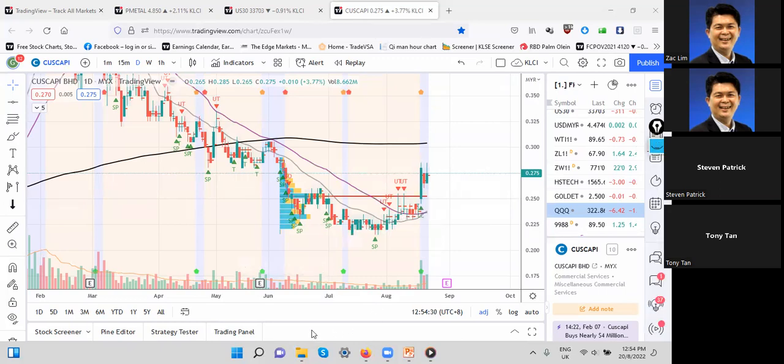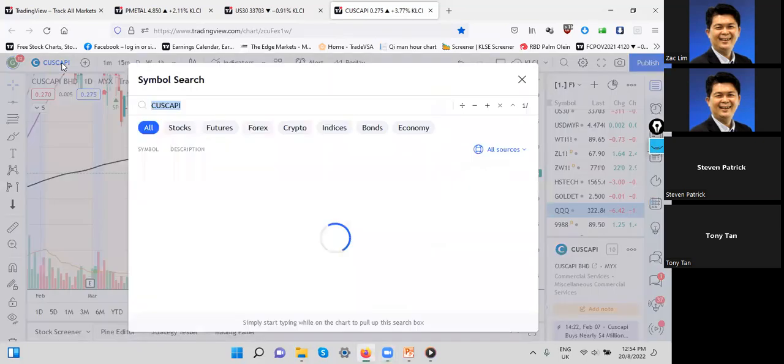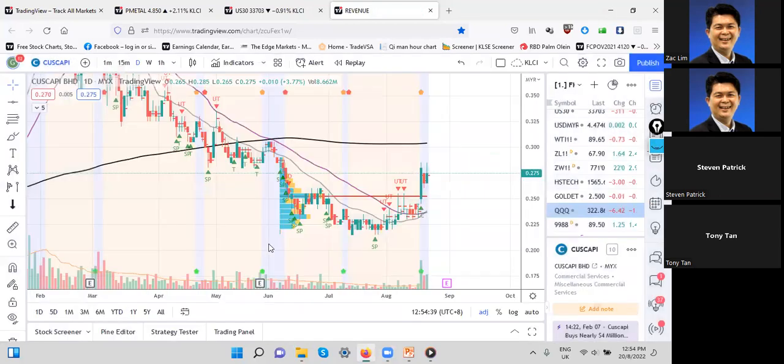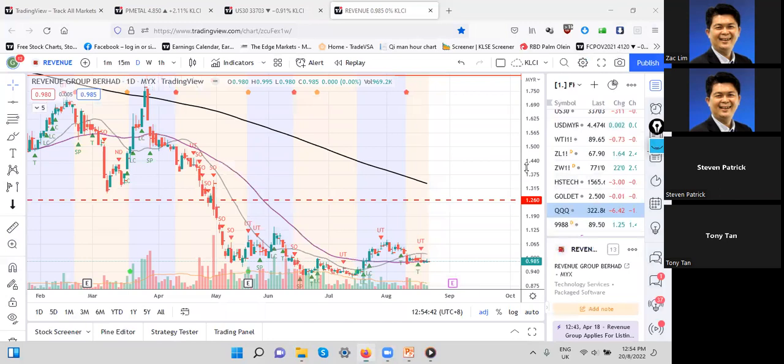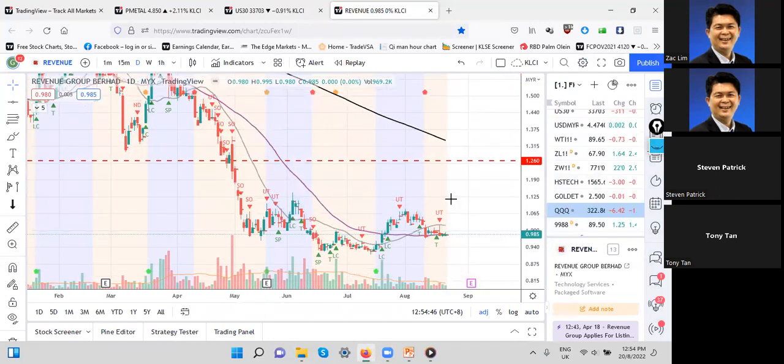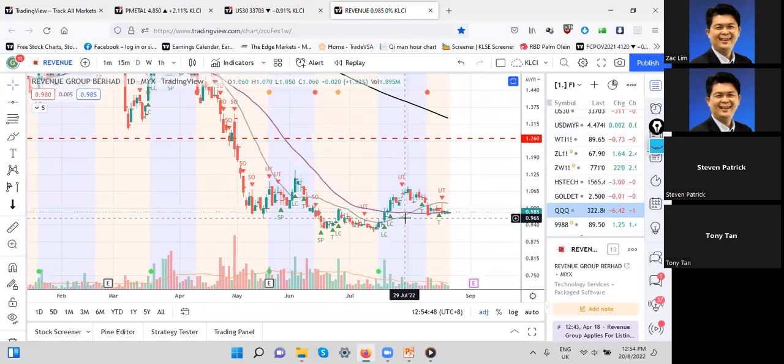Okay, cool. So we go for Revenue Group. You can see here Revenue Group still needs more of a rebound, a higher low, but this one looks like it's not going anywhere yet, since it's too low.